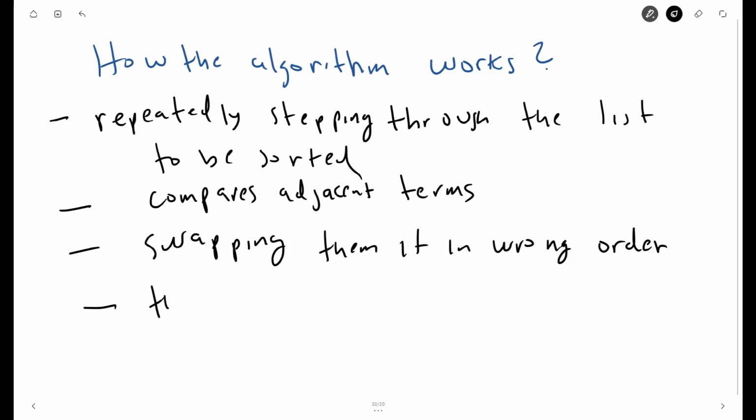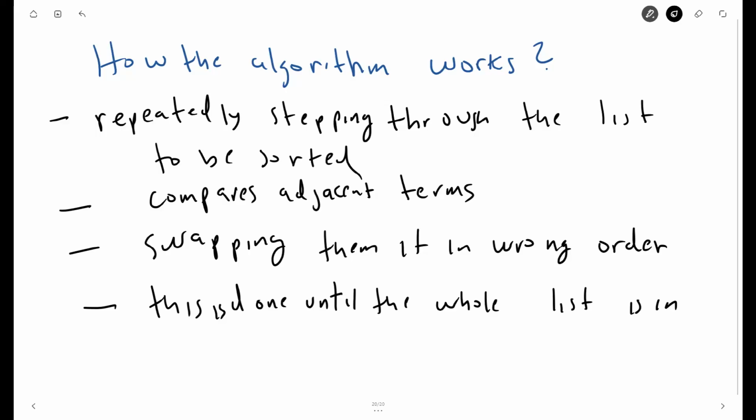This is done until the whole list is ordered, or sorted.